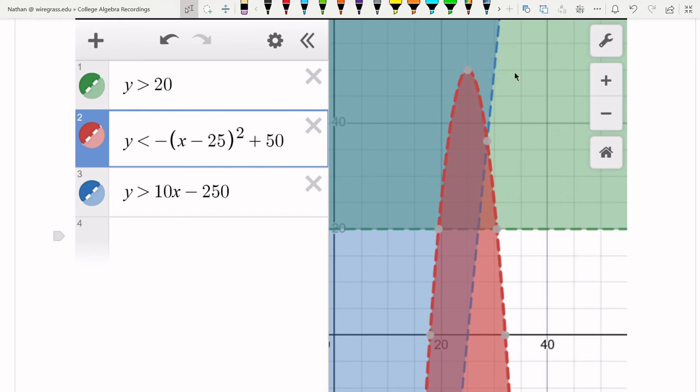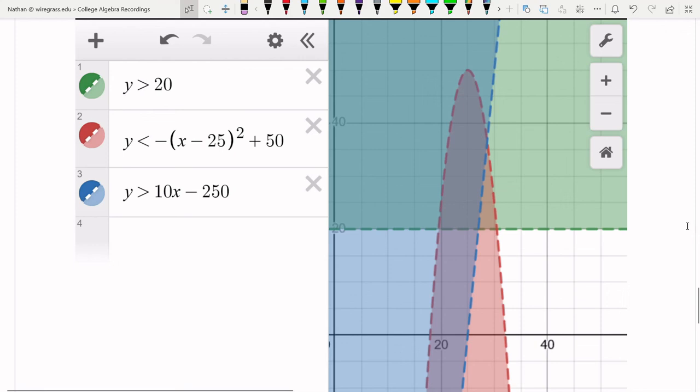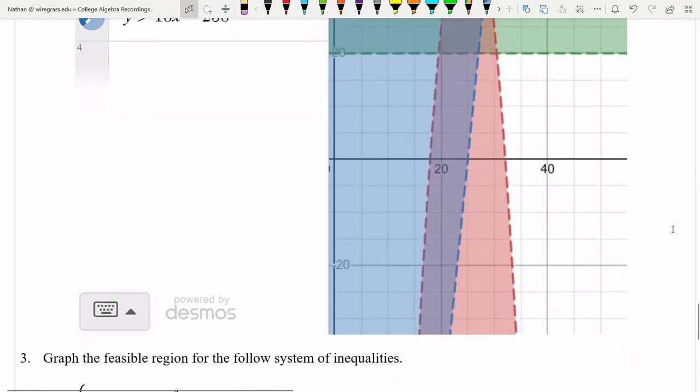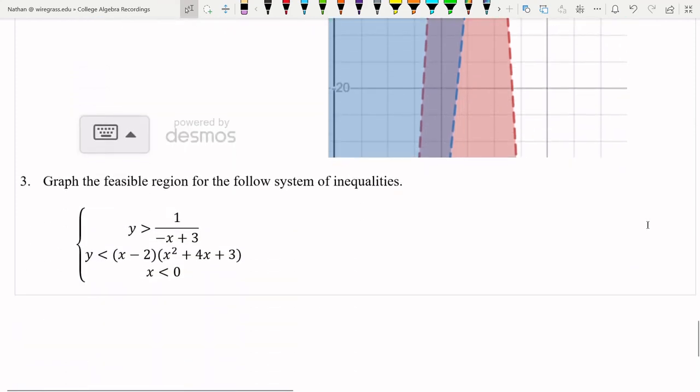It's all just a rounded portion. So you can't use the same kind of ideas from linear programming to solve these kinds of things, but it's done in a similar fashion where you're just trying to find the overlap of each one of the inequalities, the shaded regions. Give it a try in number 3.